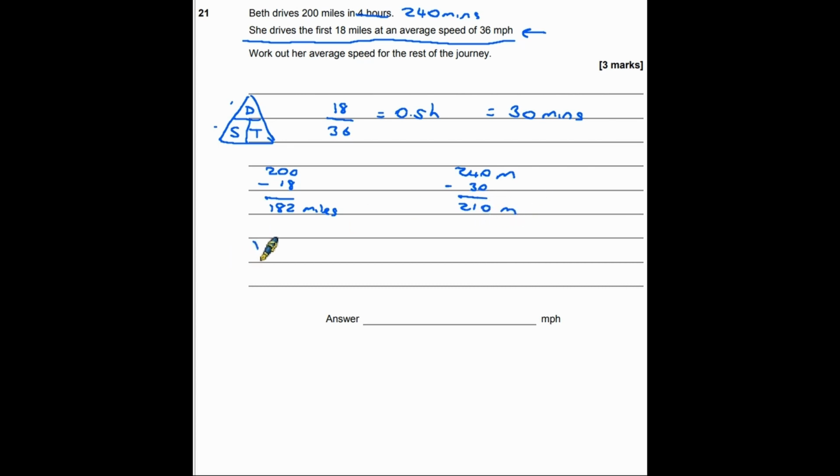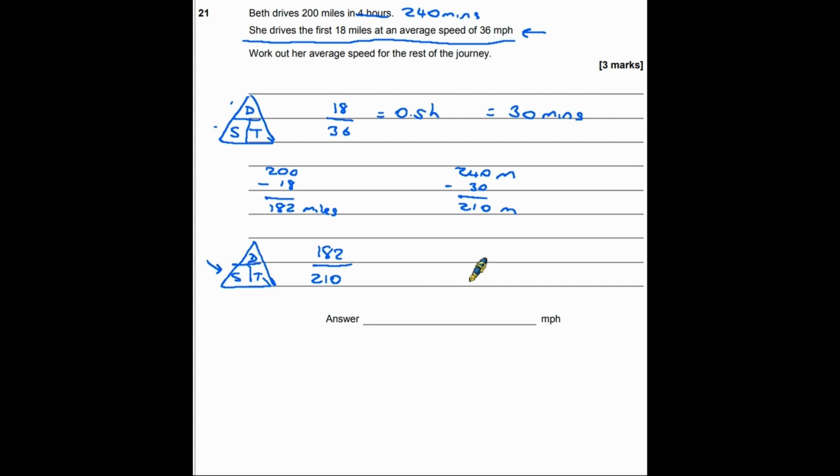To work out the average speed, we're going to use the same triangle again, distance, speed and time. Now this time we know that the distance is 182 and the time is 210 minutes. So we have 182 divided by 210, distance divided by time. That will give us the speed.